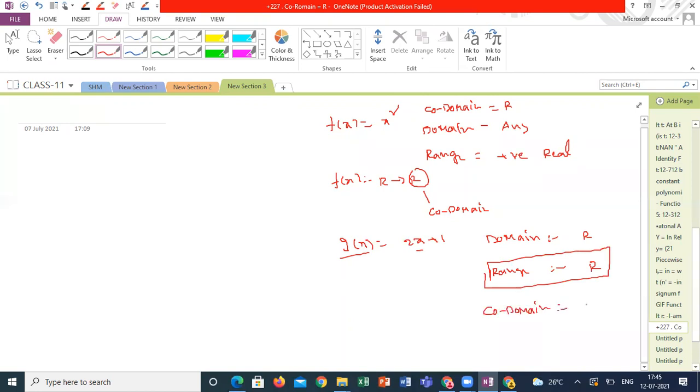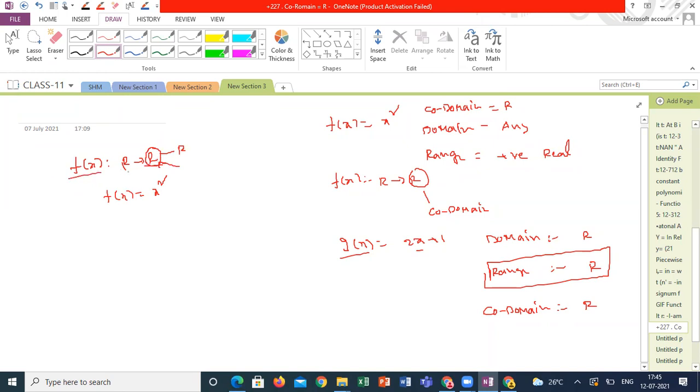See, f of x is defined from R to R, where f of x is x square. What is wrong in this? R to R means from domain to codomain. This never gives the range. This is only codomain. That's what we discussed in the beginning.